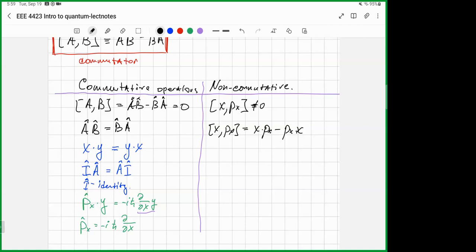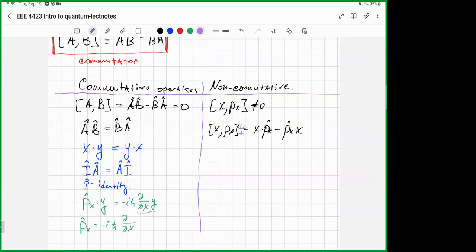And this commutator is, of course, an operator, right? So these px and x are operators. And of course, this operator acts on some function, some function psi.